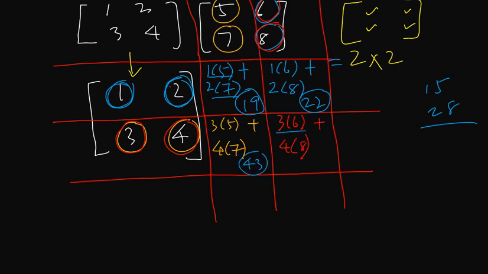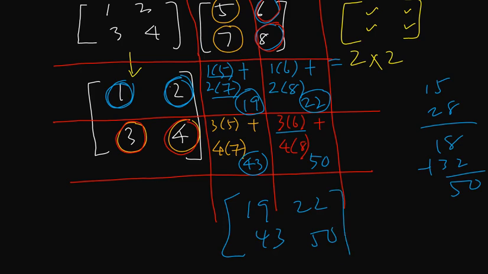And then this one, 18 plus 32 will be 50. So the answer for the matrix is 19, 22, 43, 50. Do you see that?